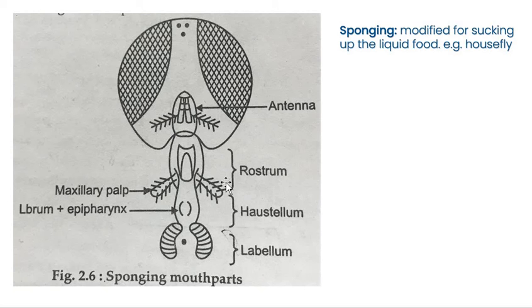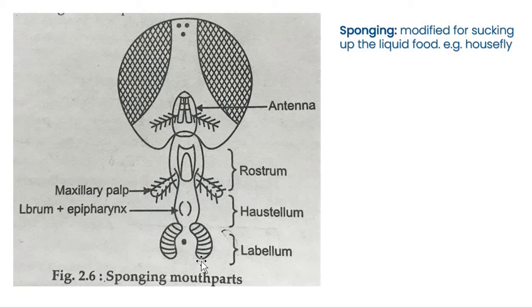The first part, the rostrum, is a proximal cone-like structure bearing the maxillary palps. The middle one, the haustellum, has a ventral heart-shaped plate called the theca. You can remember that the second segment, the haustellum, is formed from a modification of the labrum and the epipharynx. And the third region is the labellum.